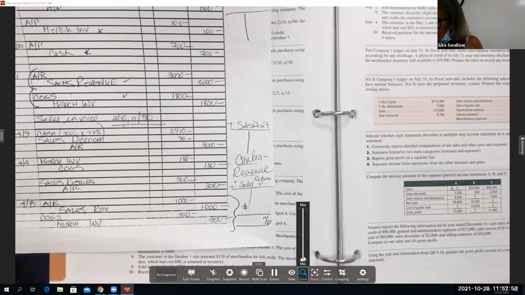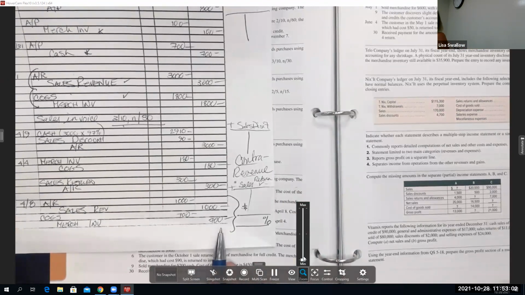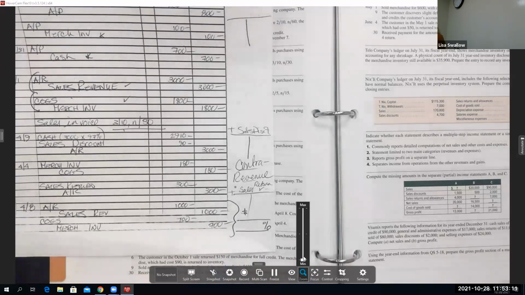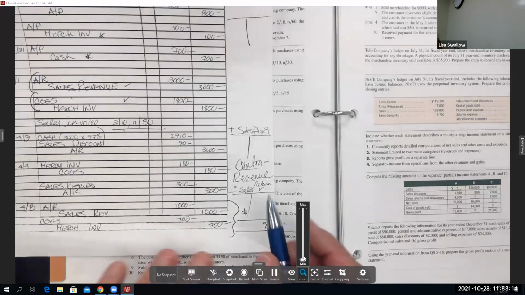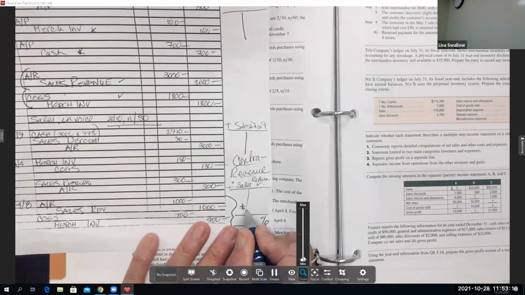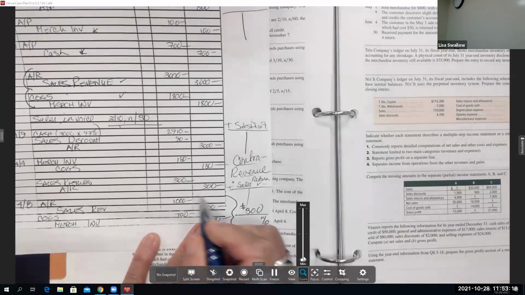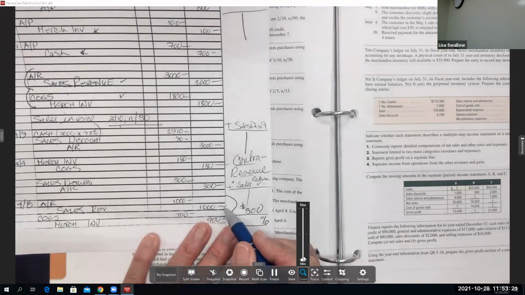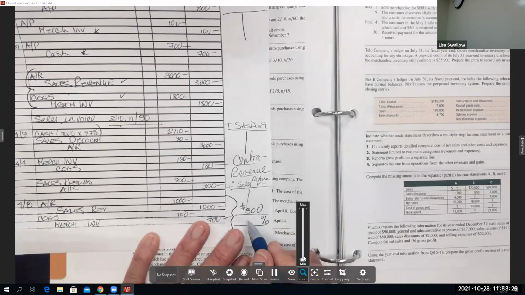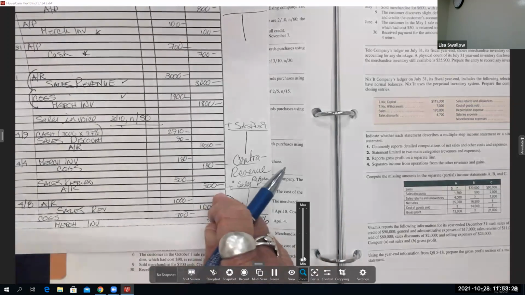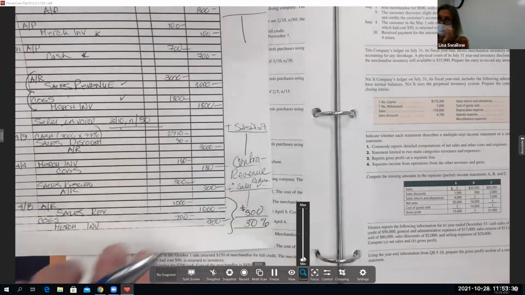How much was the cost of goods sold? $700. So what was the gross profit? Right, 1,000 minus 700. And 300 divided by 1,000, my gross profit ratio was 30%.